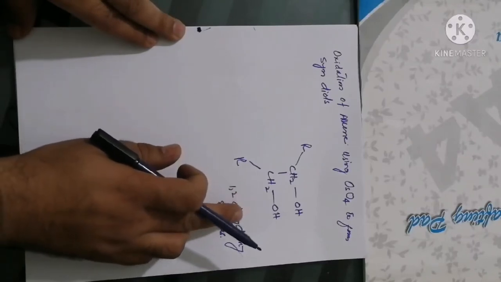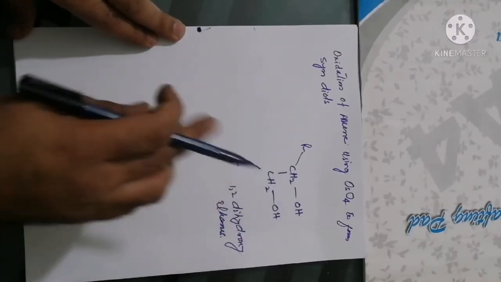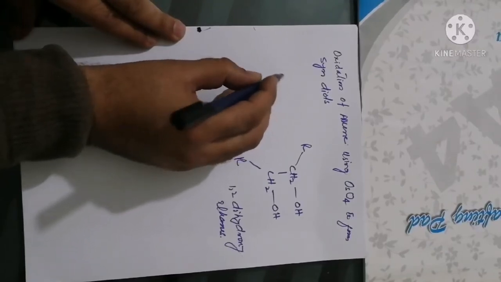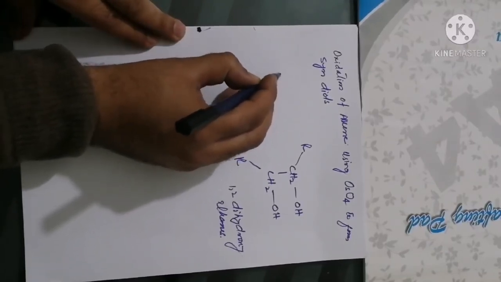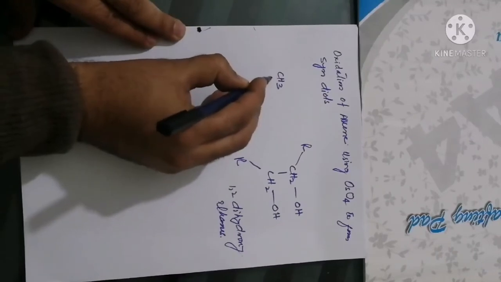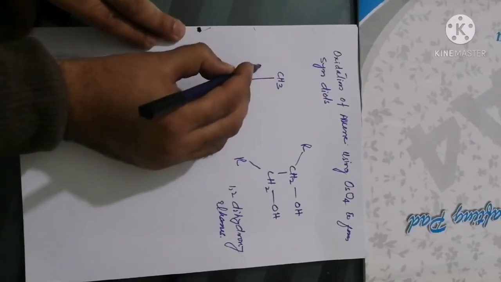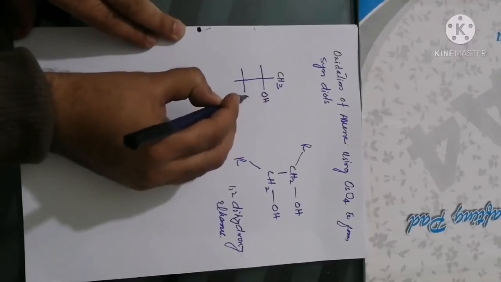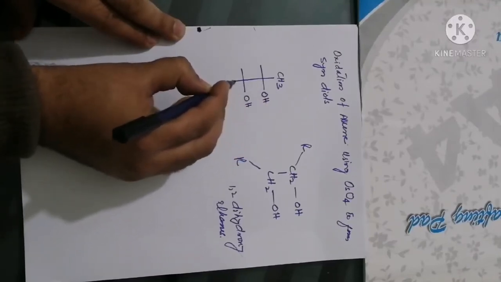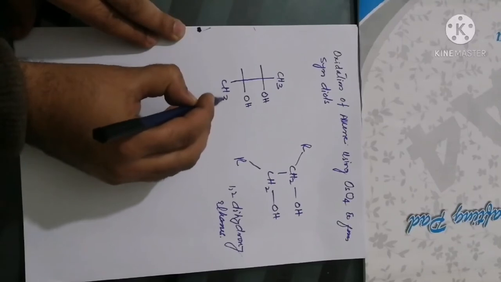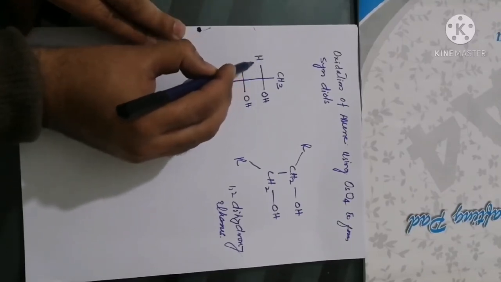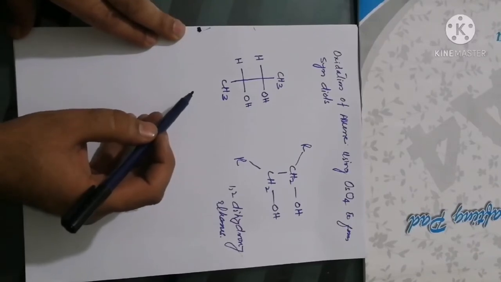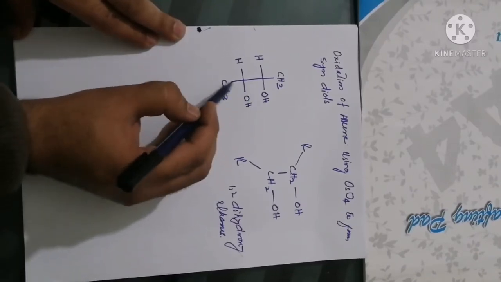If one of the hydroxyls is on the other side, this idea would be much clearer when we draw the Fischer projections like this. What is the name of this compound? 1, 2, 3, 4.